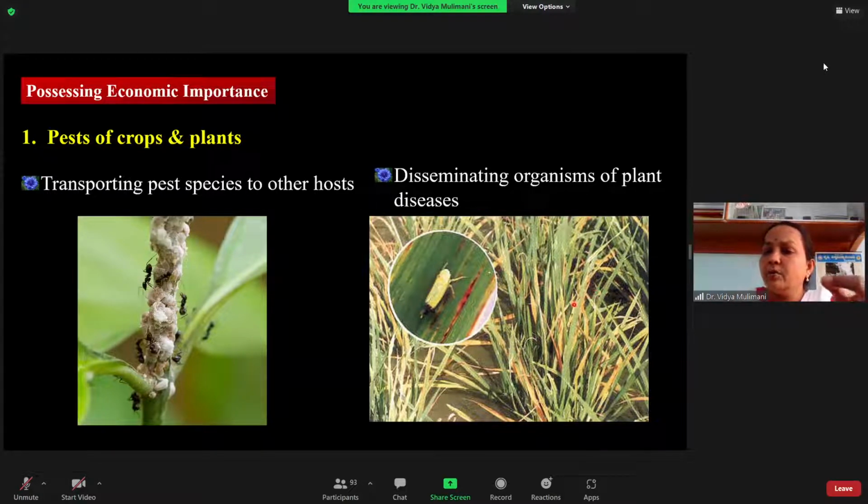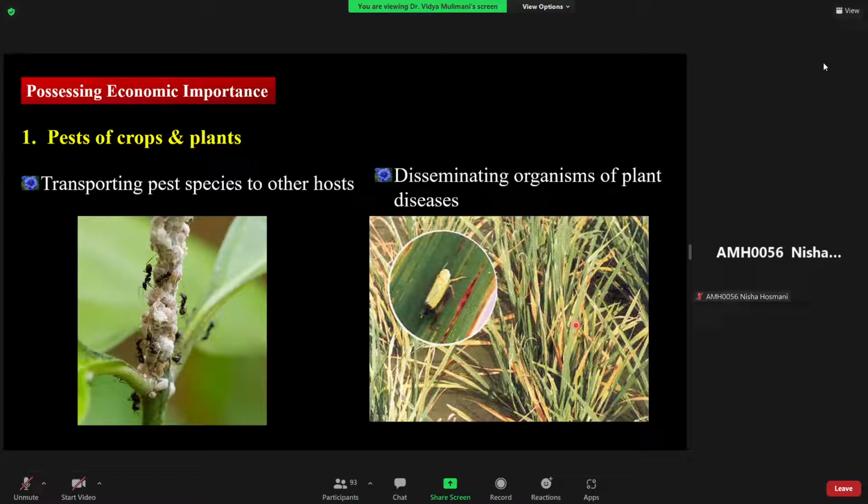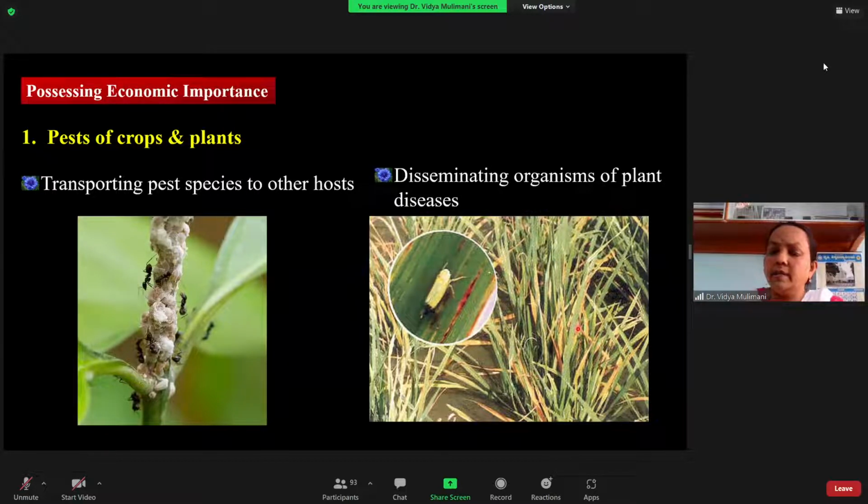They carry the causal organism in the saliva. There are different ways they cause this, especially through the mouth parts. They carry the causal organism, and when they next feed on a healthy plant, they transfer whatever virus or bacteria it is. They transmit almost all bacteria, viruses and mycoplasma. Many diseases are transmitted by insects.